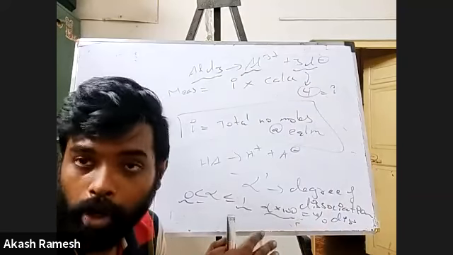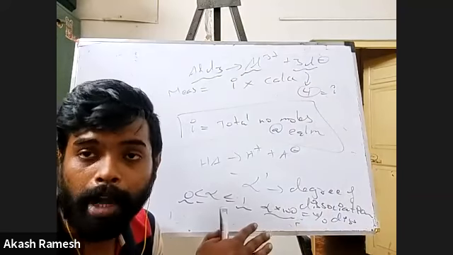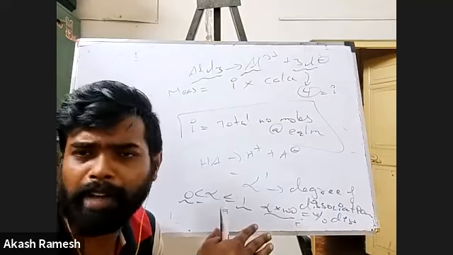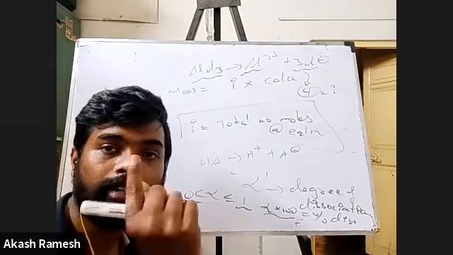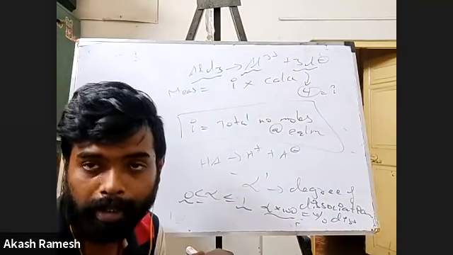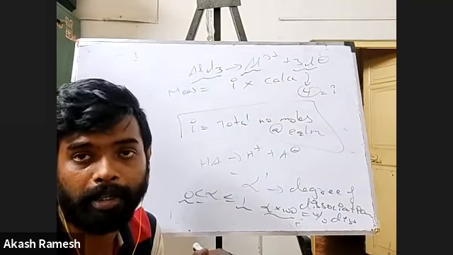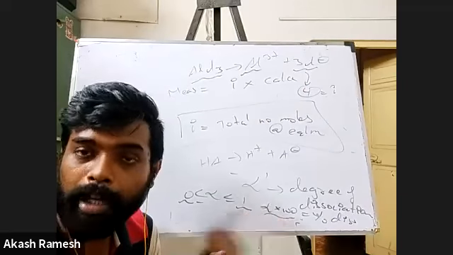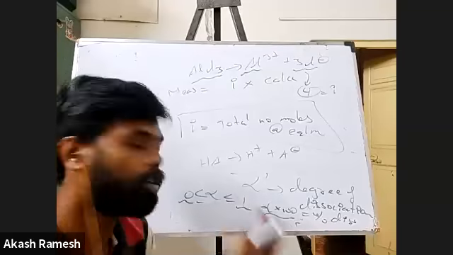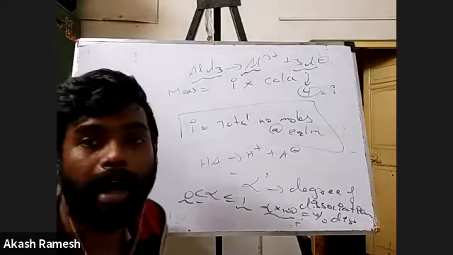But we know 100% completion of a reaction is very rare. So you will always see some amount of reactants also present. How much is happening will be given by this term alpha.